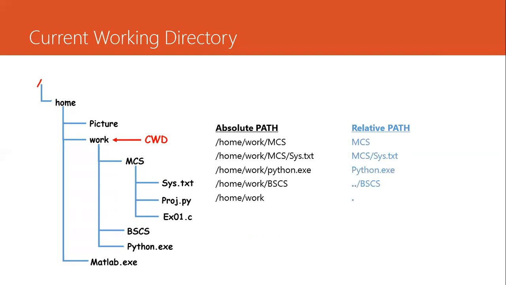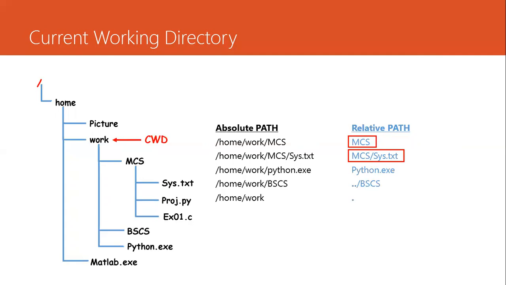For example, if the current working directory is work, then the relative path for the MCS folder would just be MCS, rather than having the full path from the root. We can just have the path from the working directory. You could also write relative paths for files and other directories. For example, the relative path for the sys.txt file relative to the work directory is just MCS/sys.txt.